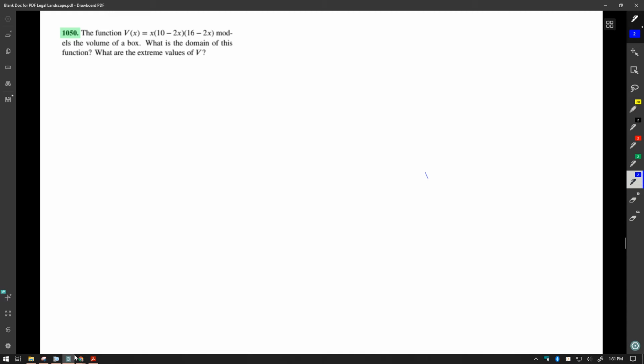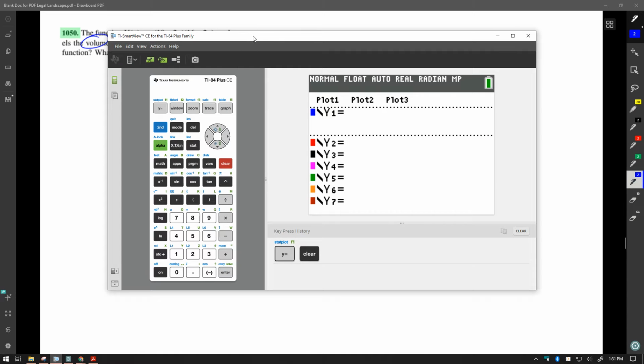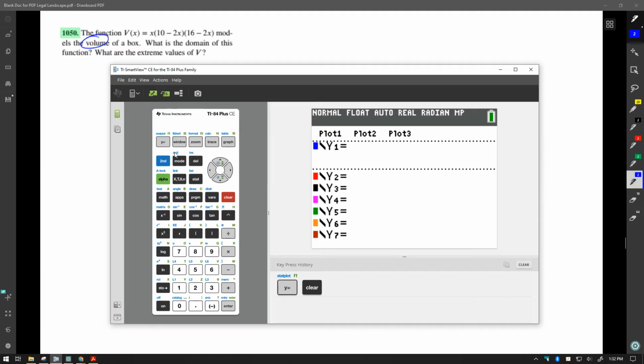So we know that this is supposed to be a real application function that models volume. And we know volume has to be a positive measurement. So I think the first thing I might do is put this function into my graphing calculator and take a look at where this function is positive and grab the domain from there.